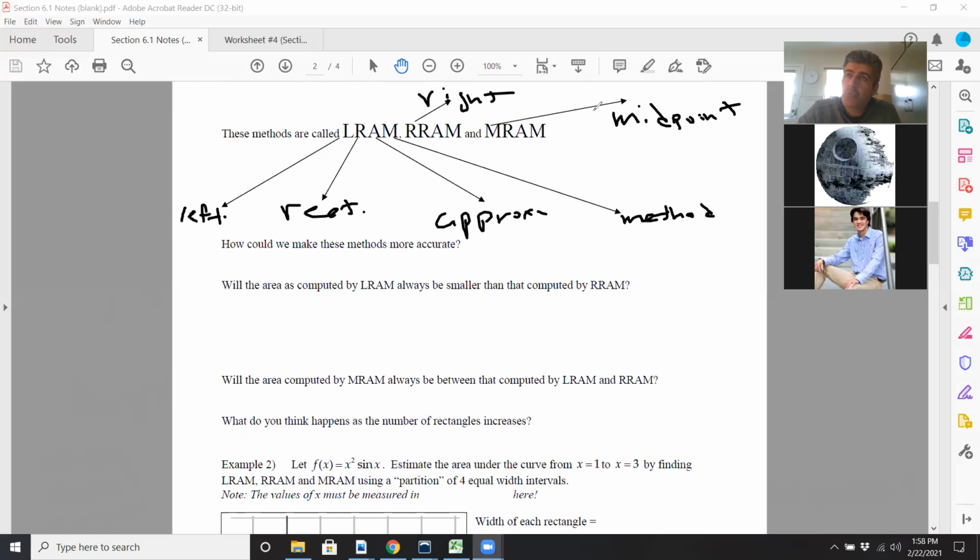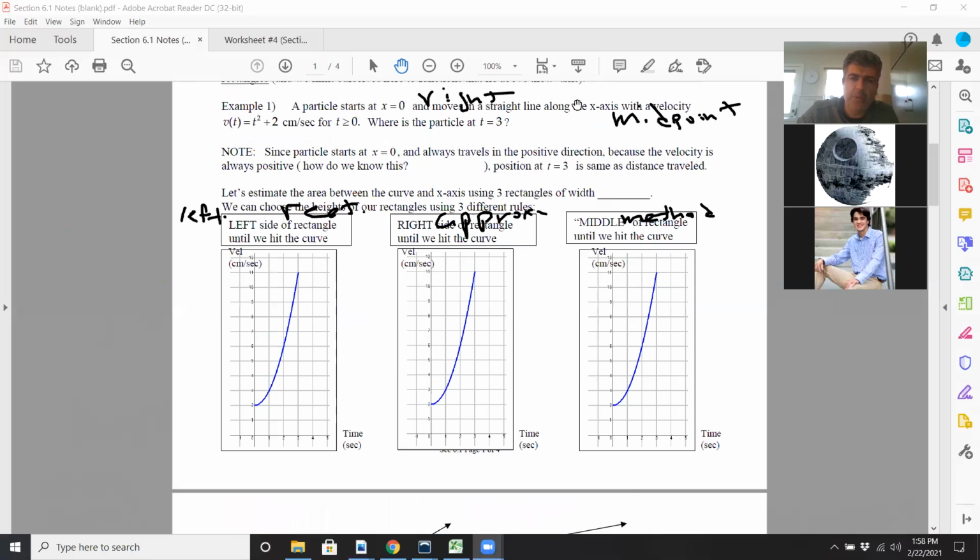You could average them. Well, if you average, you're only getting one rectangle and then times it. I don't know if that really does much for us. But what if we had more rectangles though? What if I did skinnier rectangles? My rectangles are pretty wide right now. What if I made the width of each rectangle like 0.1 instead of 1?